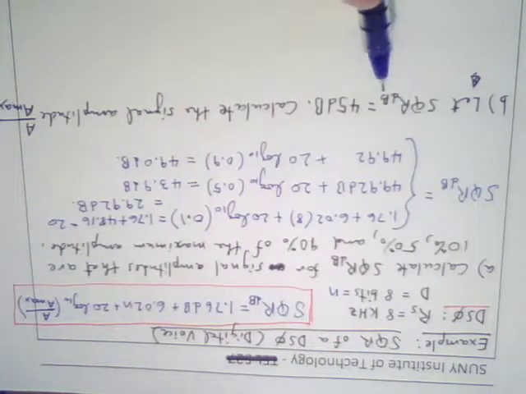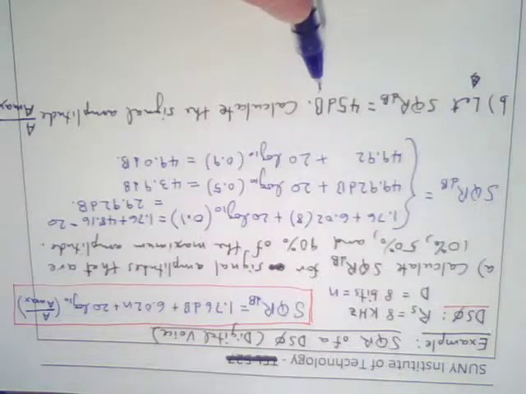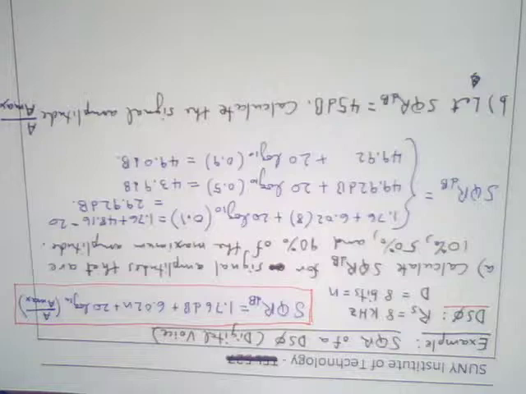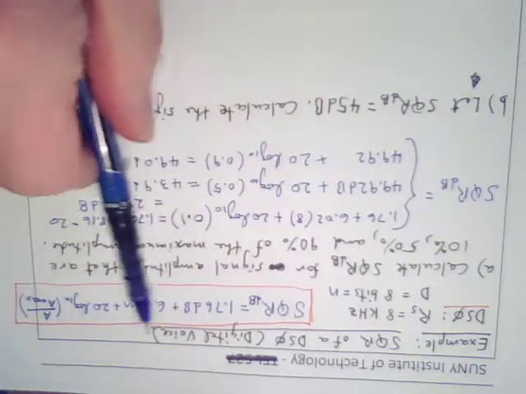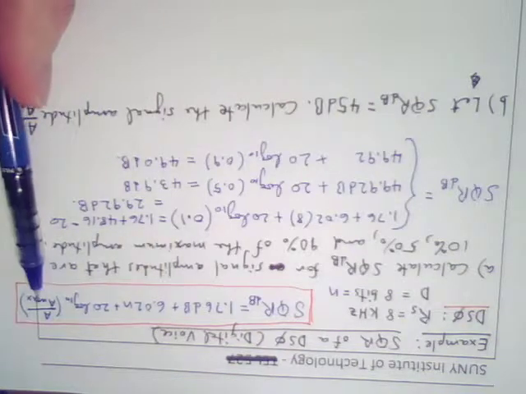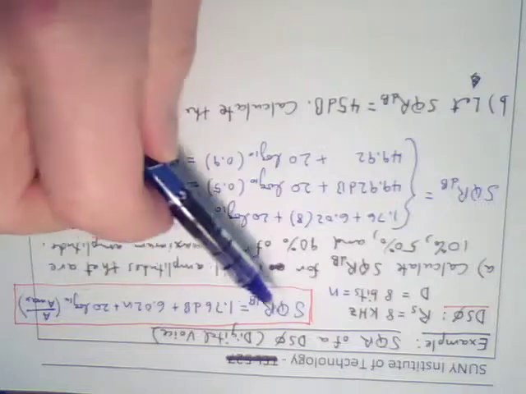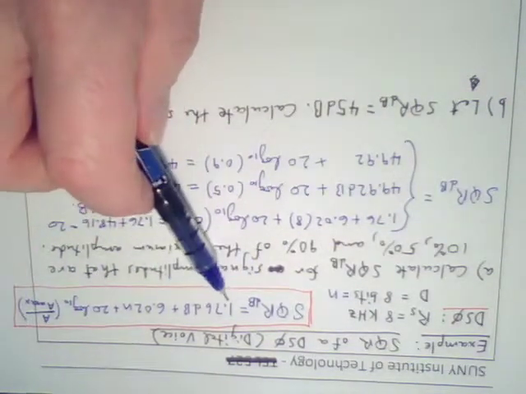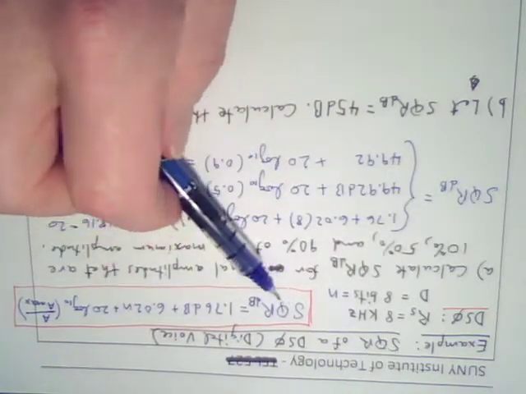For part B, I say let's let the SQR be given as 45 decibels, and calculate the signal amplitude A over A max. Basically, I'm going to go up here. This is like one of your homework problems, and I'm going to solve this equation for A over A max. And I know that SQR, so let's see, to get this by itself, the first thing I'm going to do is get the 1.76 and the 6.02 times n over to the left-hand side.